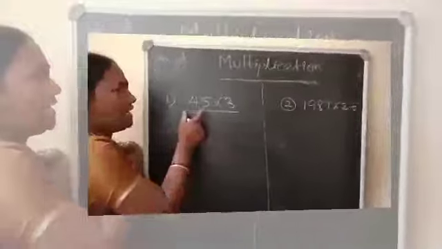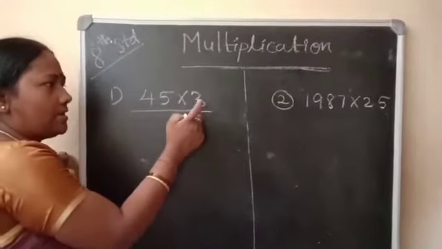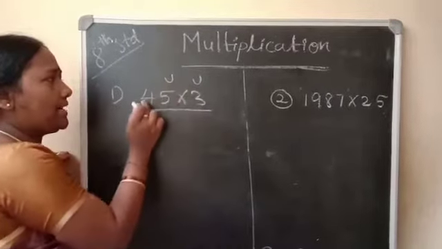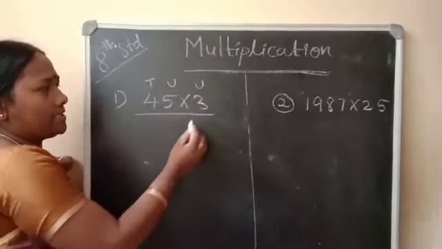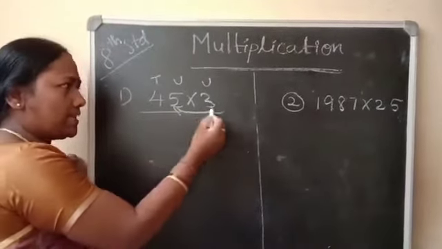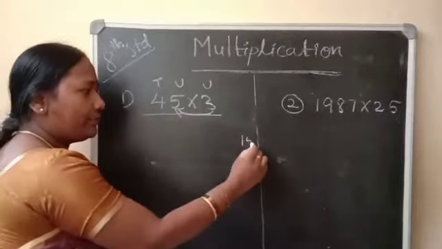First we will see 45 into 3. 3 is there in unit place. In this 45, 5 is there in unit place, 4 is there in tens place. So first take unit place and multiply with unit place. 3 5s are 15.